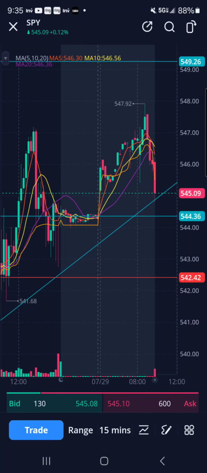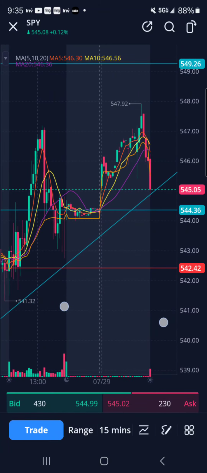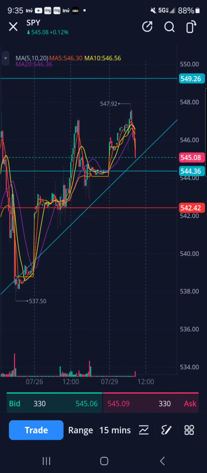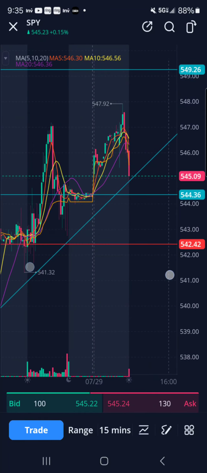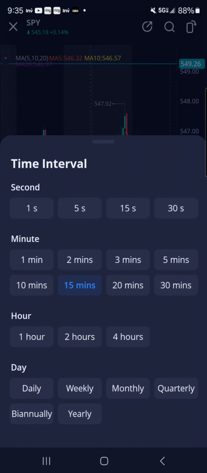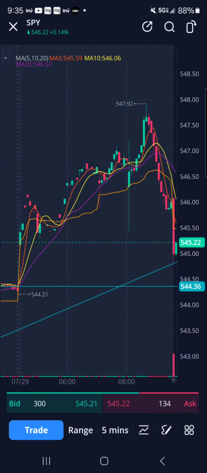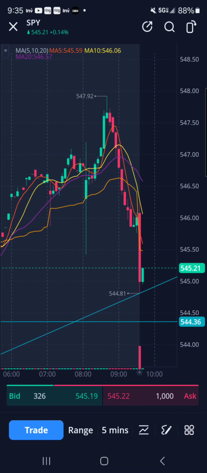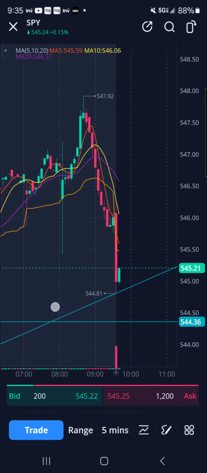You got a lot of noise, price going back and forth, trying to decide what direction to go. So I don't really want to trade this right now, unless I see something that really grabs my attention. But I'm liking this area for buy. This is the zone, the level I was looking at. All right, so on the 5 minutes, we bounce off that trend line.